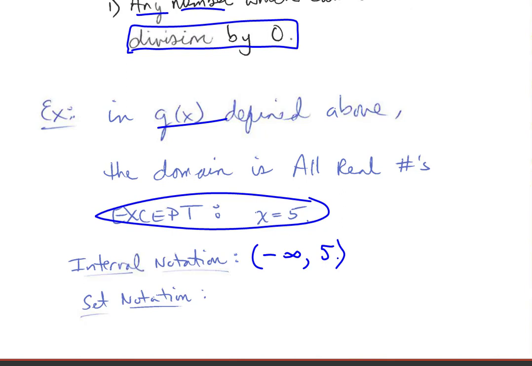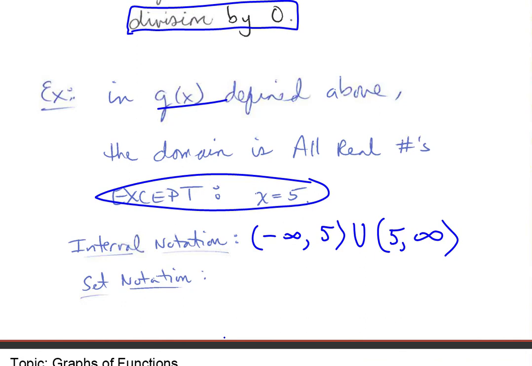So we have curved parenthesis around negative infinity on the left side, comma, 5, right parenthesis, curved. We want to hop over and not include 5. So we're going to union that set, which is everything to the left of 5, with everything to the right of 5. So that would be open parenthesis, 5, comma, positive infinity, and that represents everything after 5. So this is basically everything except 5 in interval notation. It's a very common way we'll be using to describe this kind of number set.